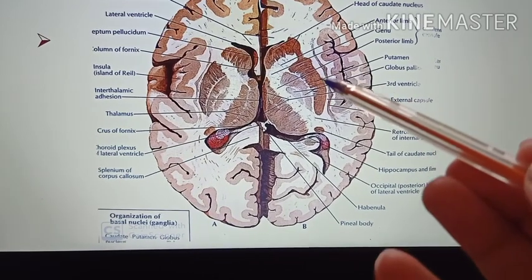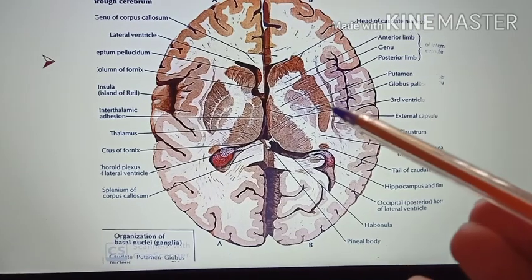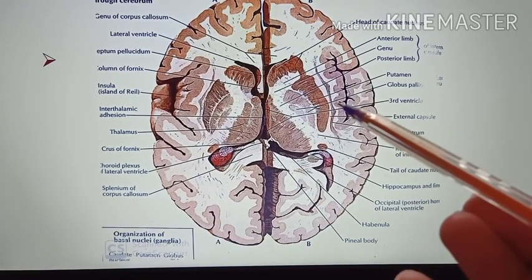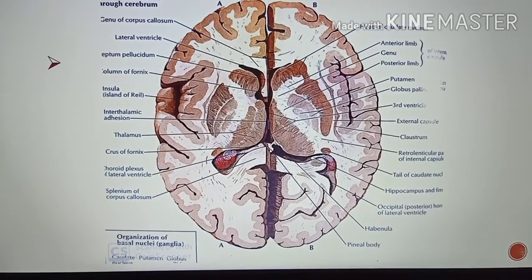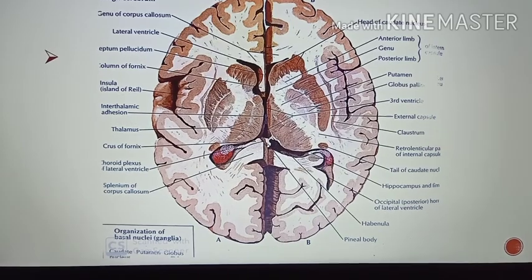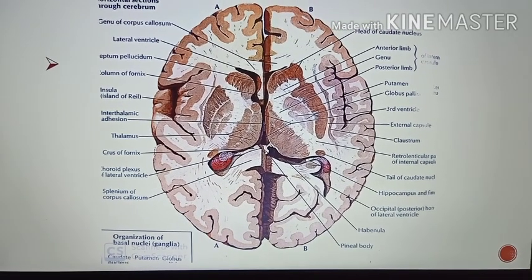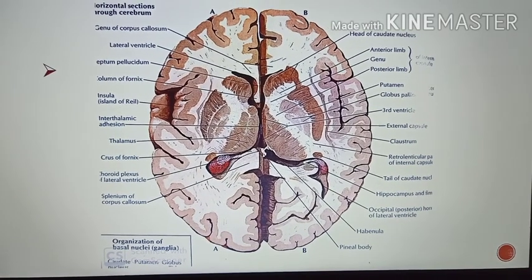You can also see a few fibers separating it from the insula, so it is separated from the insula by a thin layer of white matter from the cortex of the insula. It is functionally related probably to the limbic system.